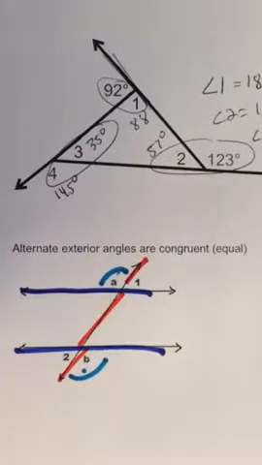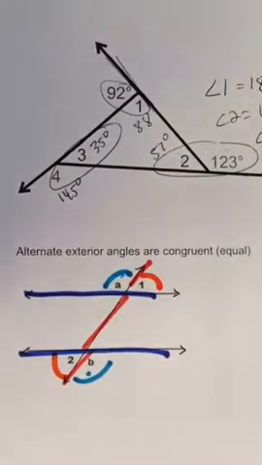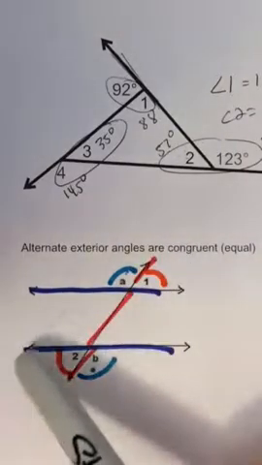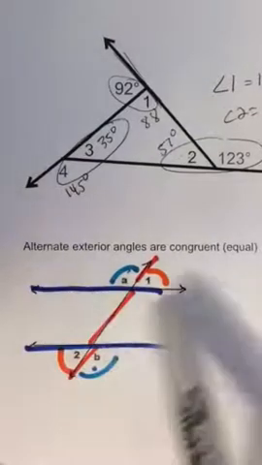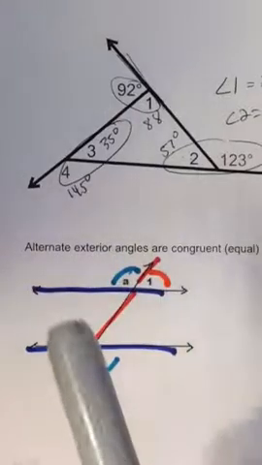So A and B are equal to each other, they're congruent angles, and 1 and 2 are also equal angles, okay? So angle 1 equals angle 2, angle A equals angle B. So these are called alternate exterior angles. They're on the outside of the parallel lines and on opposite sides of the transversal, okay?